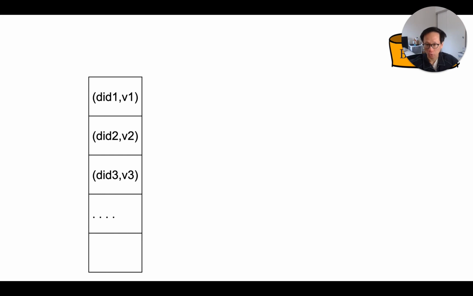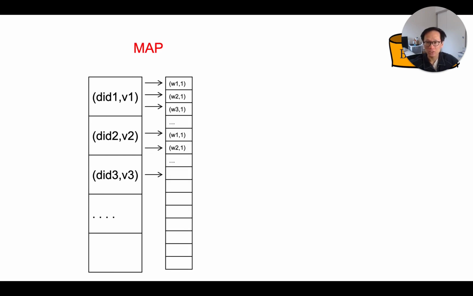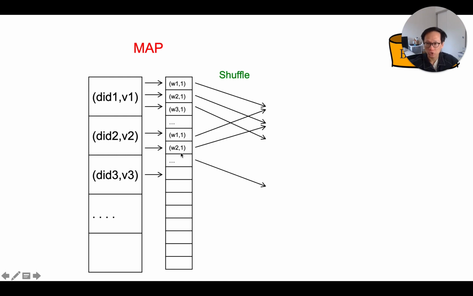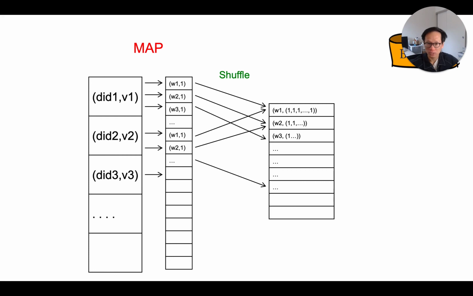Here is how it works pictorially. We start in the mapping phase, where each thread reads in a document and produces an intermediate word value and the associated number 1. Then during the shuffle stage, we group together those key value pairs that share the same word, and each word will be associated with a list of the number 1s.